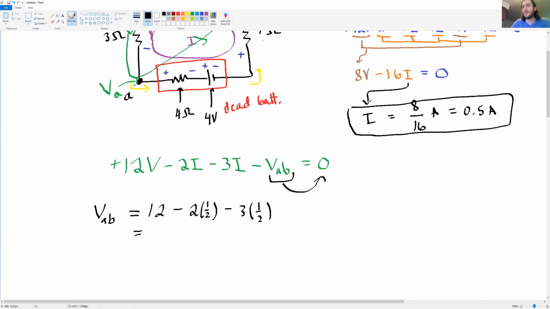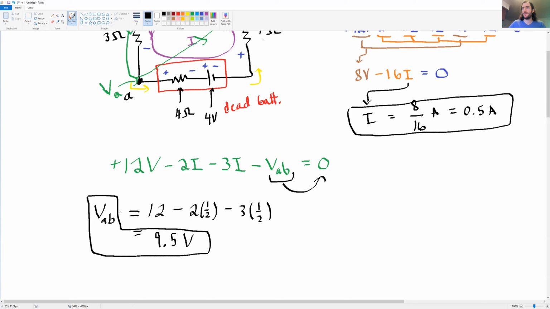Of course, we can punch the numbers on this. So 12 minus 1 is 11. And then we have 11 minus 3/2 is 9.5 volts. I'll let you guys run through the arithmetic there on that. It's good practice to make sure you can do stuff like that.